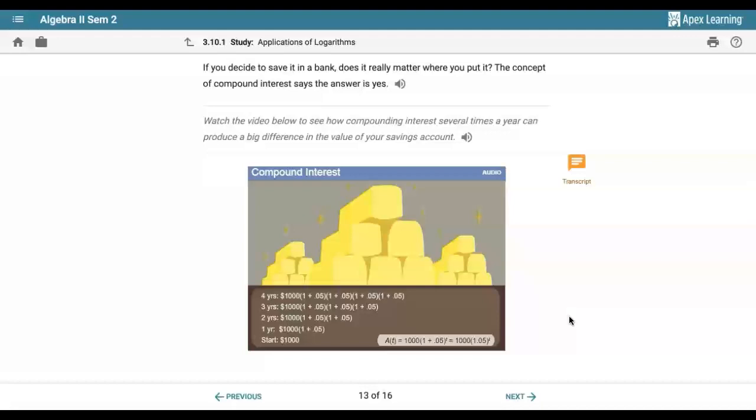After the bank adds interest the second year, you have the amount from year 1 plus 5% of that amount. So again, you multiply by 1 plus 0.05. You can see that each year, the amount in your account is multiplied by 1 plus 0.05. This leads to a function that expresses the amount, A, that will be in your account after T years.